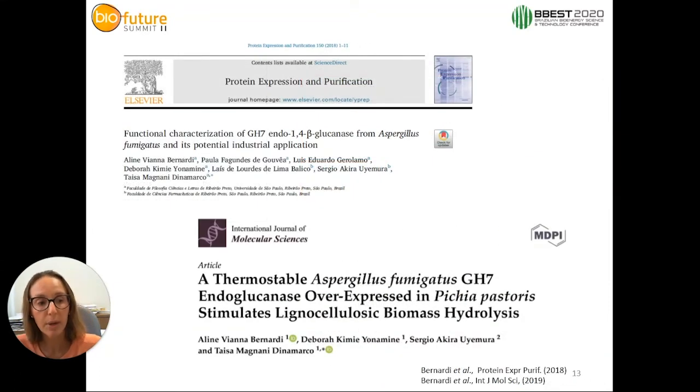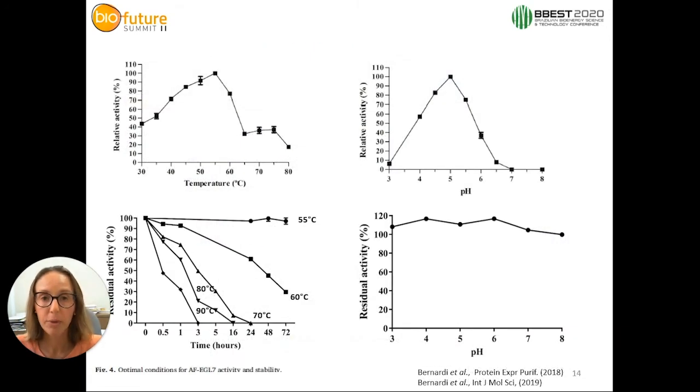The first enzyme I want to show here is an endoglucanase that was expressed in two different systems, E. coli and Pichia pastoris. All the biochemical parameters were determined: optimal temperature at 55 degrees, pH 5, and thermostability at different temperatures and a range of pH.